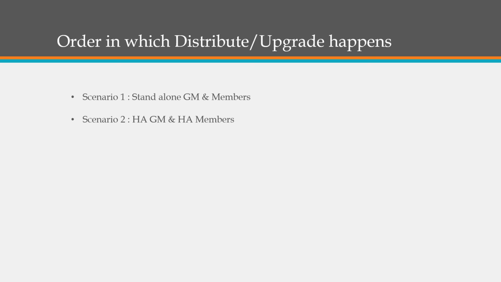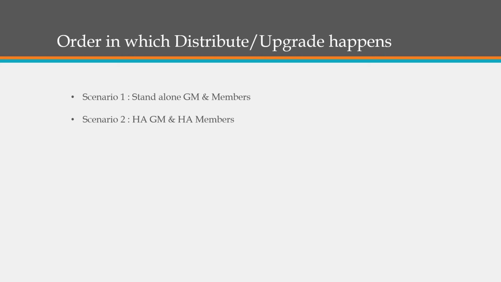When both the grid master and the members are standalone appliances and not configured in HA, first we upload the file onto the grid master, and then the grid master will distribute the files and their contents to the corresponding standalone members. That's how the distribution happens. And once the upgrade starts, first the grid master itself gets upgraded, and then the members will start to get upgraded, depending on whether it's sequential or simultaneous.